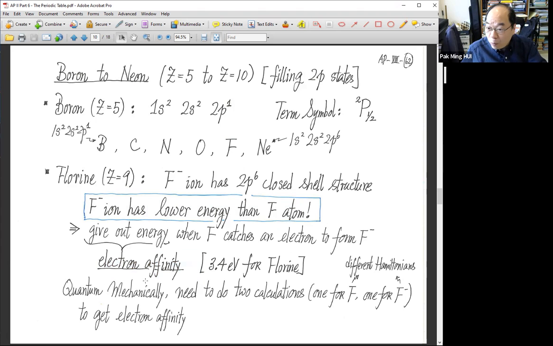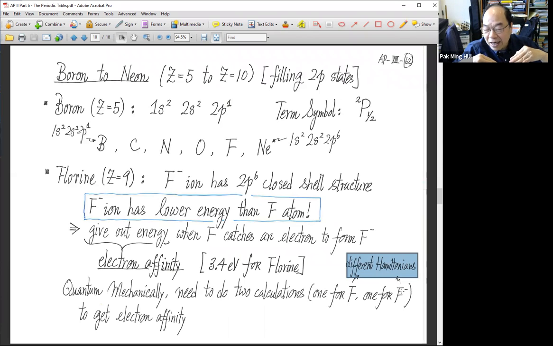But if we want to understand or calculate the electron affinity quantum mechanically, I hope at least you realize these are two different calculations for the reason they have different Hamiltonians. Do you understand? Different number of electrons. The Coulomb term will be different. So you need to do two Hartree-Fock-like calculations, and then compare the ground state energy.